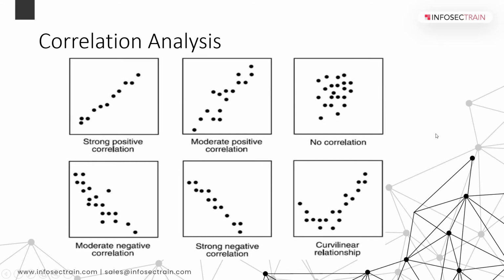It just finds the strength of the relationship, by the width and tightness of the scatter. Like if X and Y increase together, there is a positive correlation. If X increases and Y decreases, there is a negative correlation. Okay.